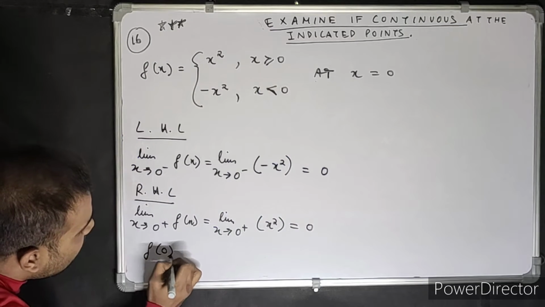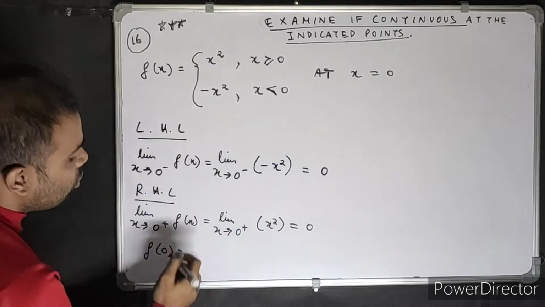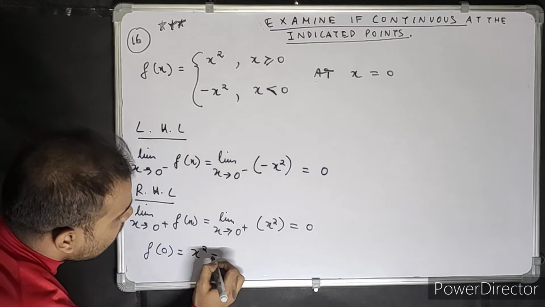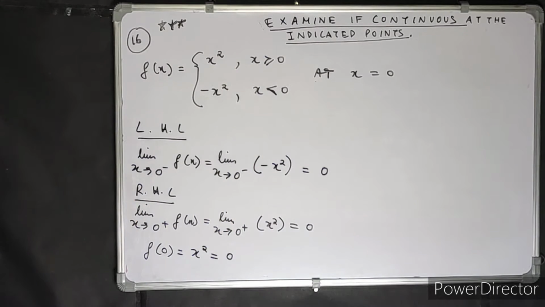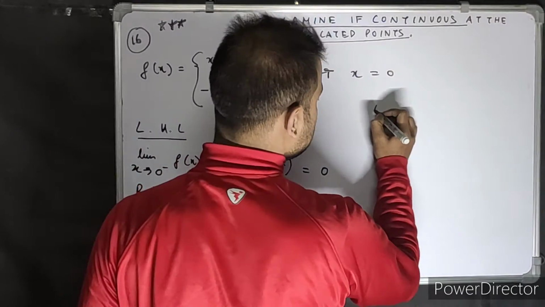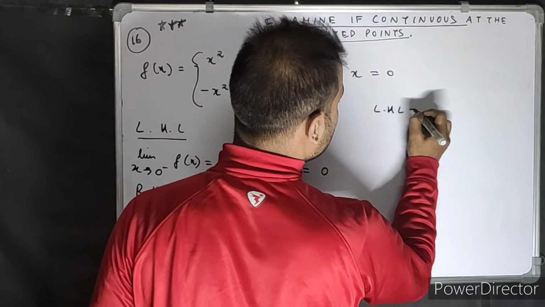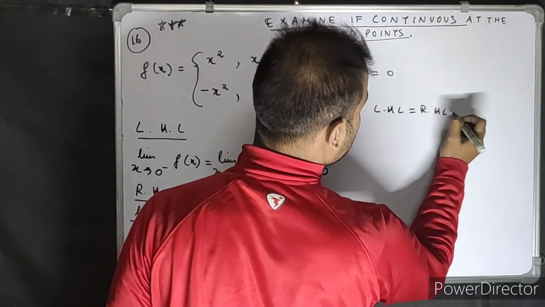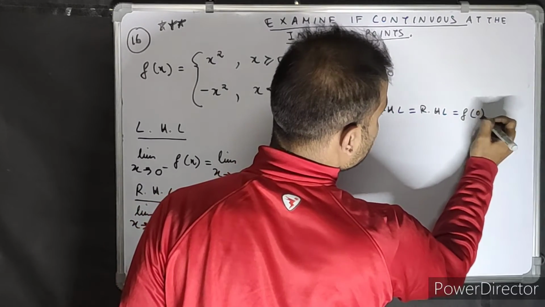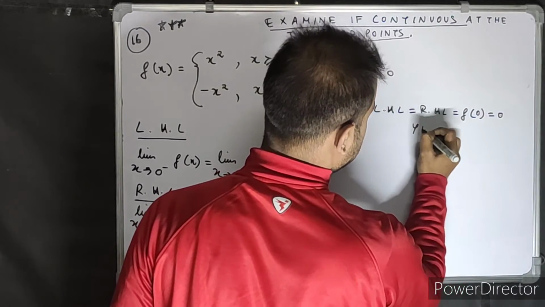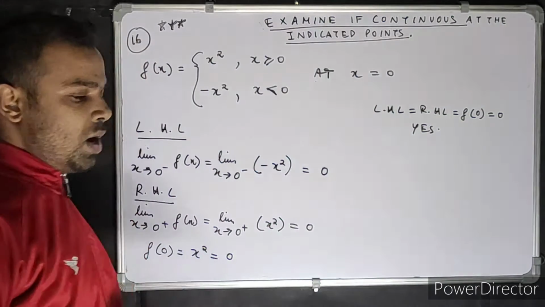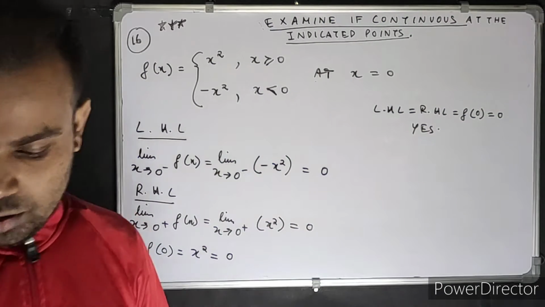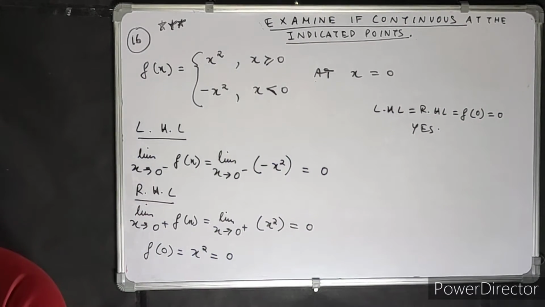Now f of 0, at equal to 0, you are going to take x square, which will give you 0. So all of them are equal to each other. LHL equal to RHL is equal to f of 0, which is equal to 0. So yes, continuous. Okay, you don't write yes, you write the function is continuous.